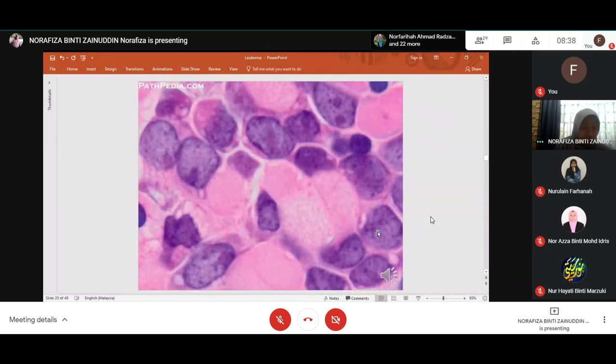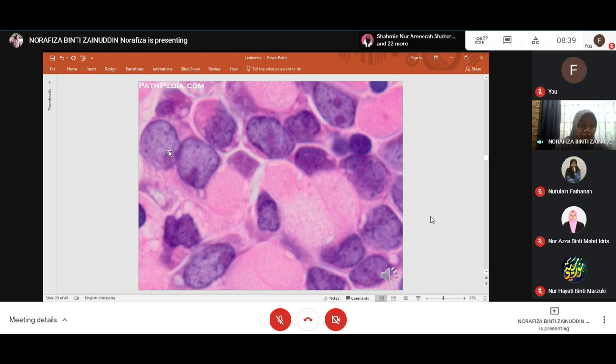Okay, this is slide 20. This is evenly distributed chromatin in the blast. So this is also a feature of lymphoid precursors, and less than 5% in normal marrow actually.